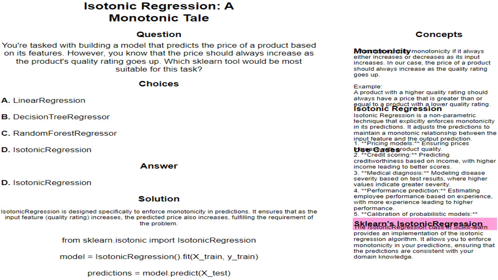Quality rating, price: 1, 10; 2, 12; 3, 15; 4, 18; 5, 20. Using isotonic regression, we can enforce the monotonicity constraint, ensuring that the predicted price always increases as the quality rating goes up. D. Isotonic regression.